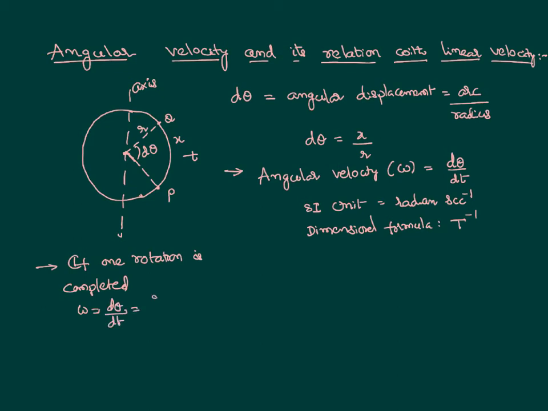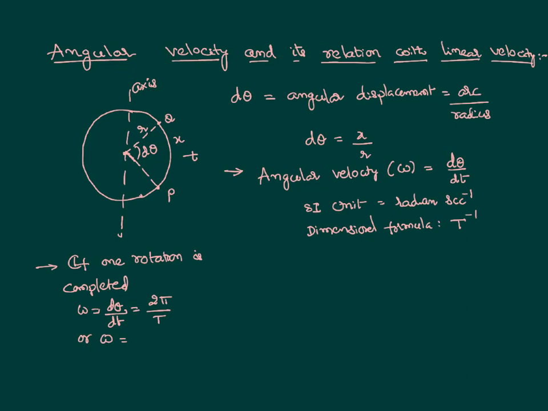When it completes one rotation, it covers an angle of 360 degree, in terms of the SI system that is 2 pi radian. The time taken to complete one rotation is called time period. So we can also express angular velocity as 2 pi by T, where time taken to complete one oscillation is called time period.